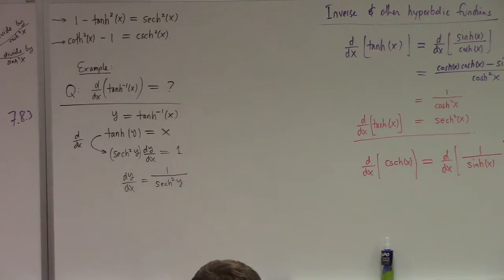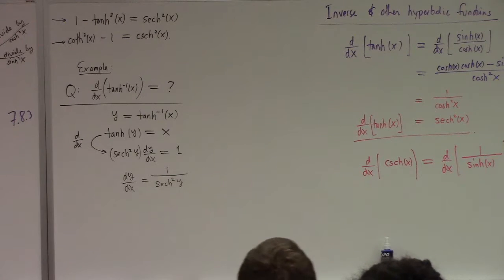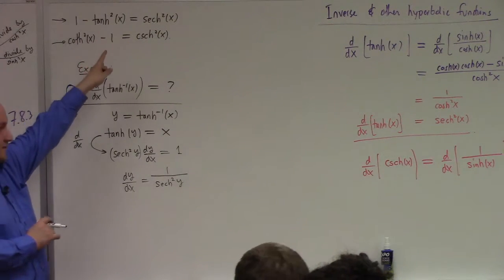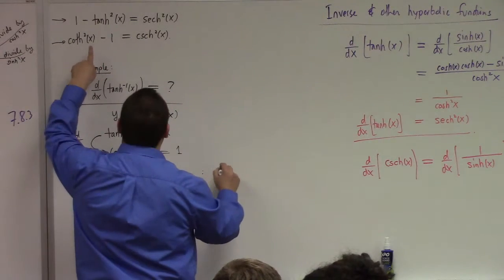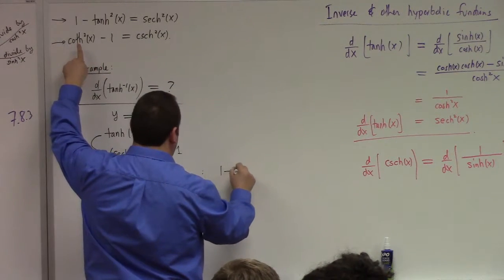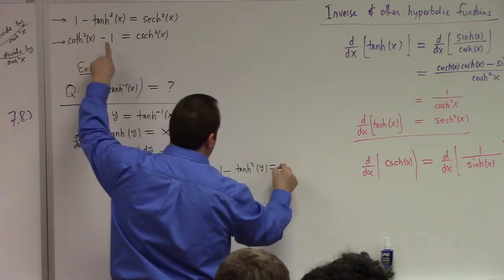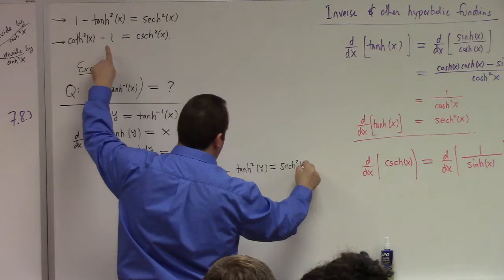Now I want to convert it back to what? To hyperbolic tangents. How do you trade hyperbolic secants for hyperbolic tangents? It's up here, right? This identity says that 1 minus hyperbolic tangent squared y is equal to hyperbolic secant squared of y.